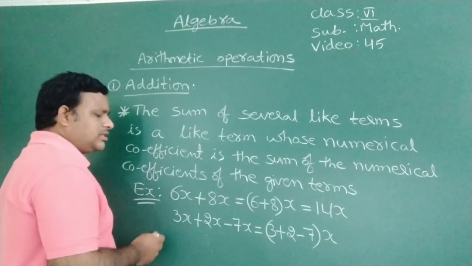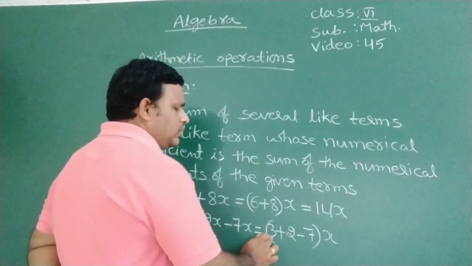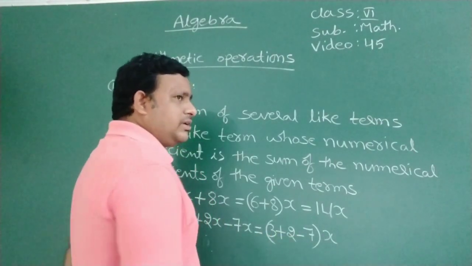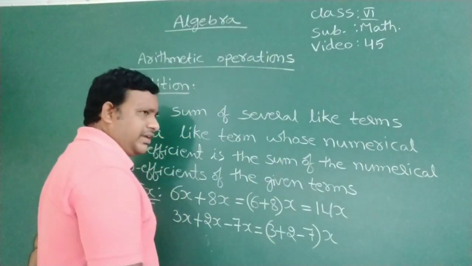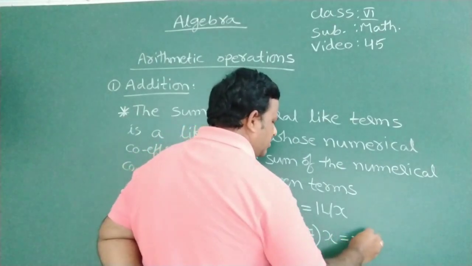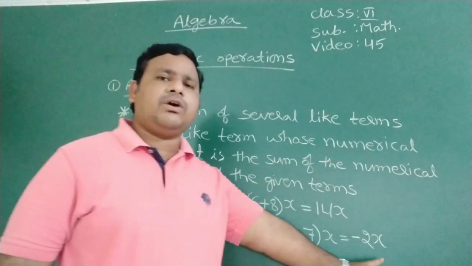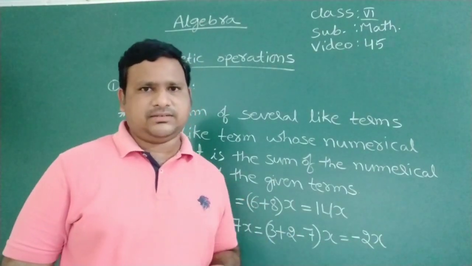The numerical coefficients are 3, 2 and minus 7. Those three are added here. So 3 plus 2 is 5. 5 minus 7 is minus 2. So minus 2x is the sum of all these like terms.